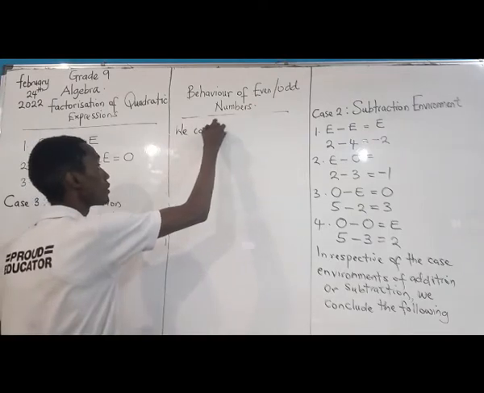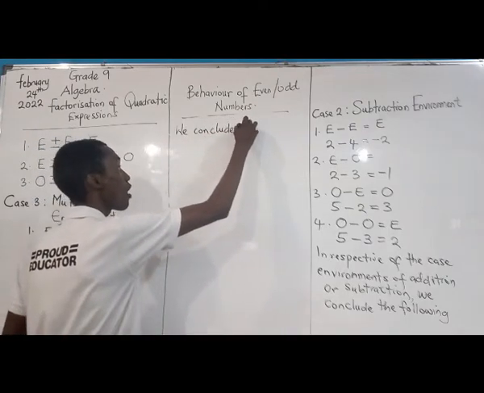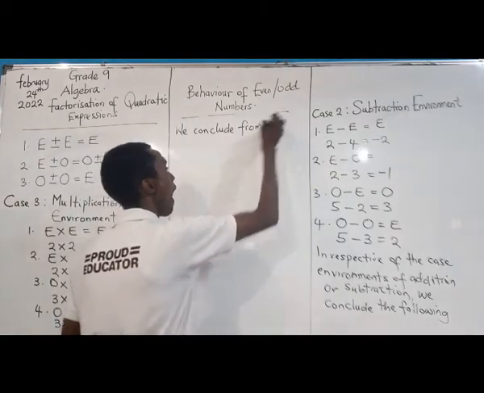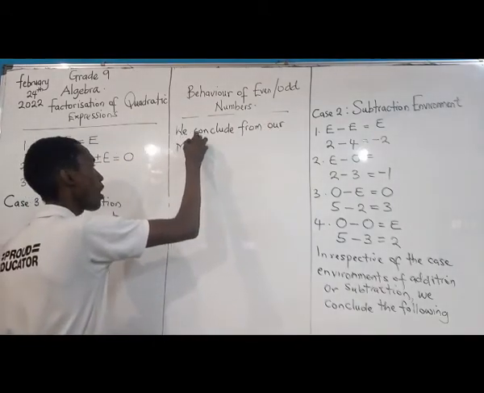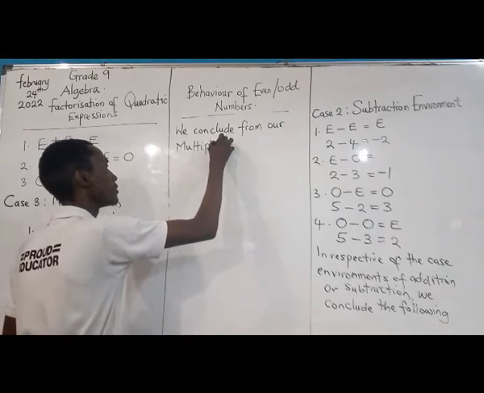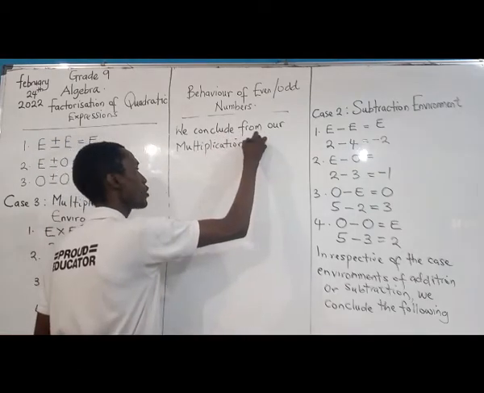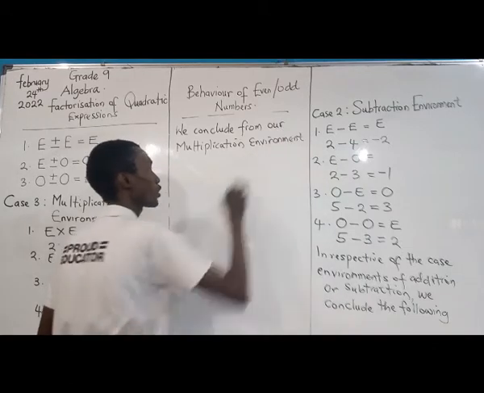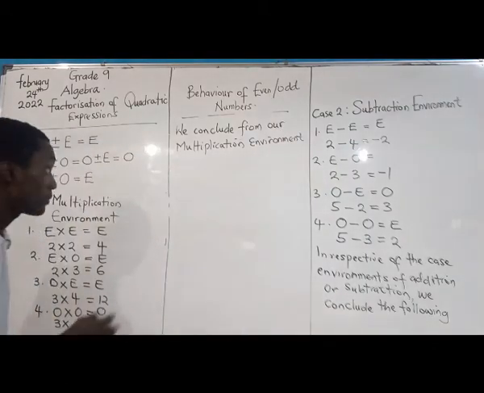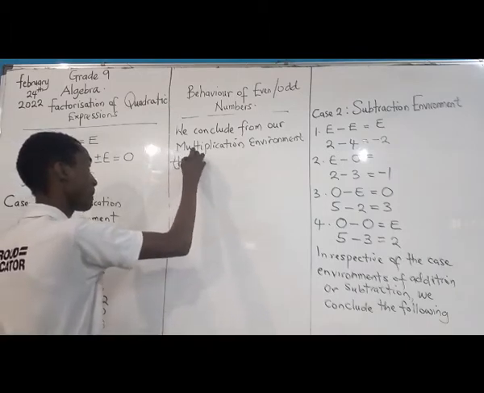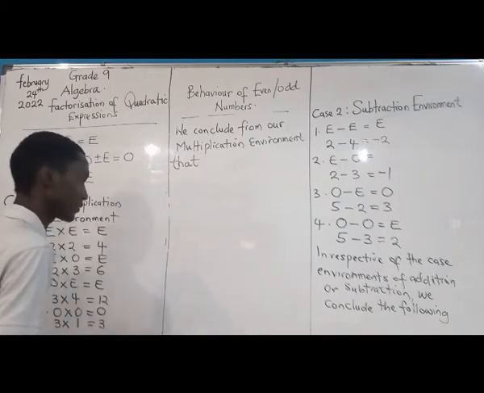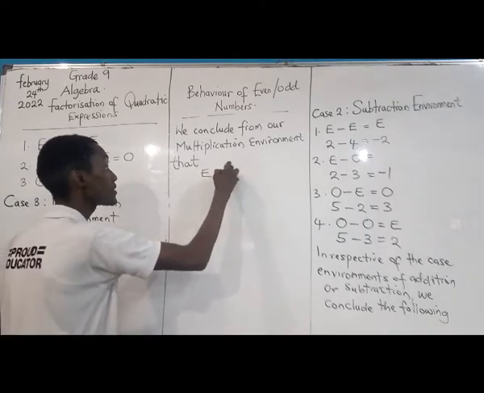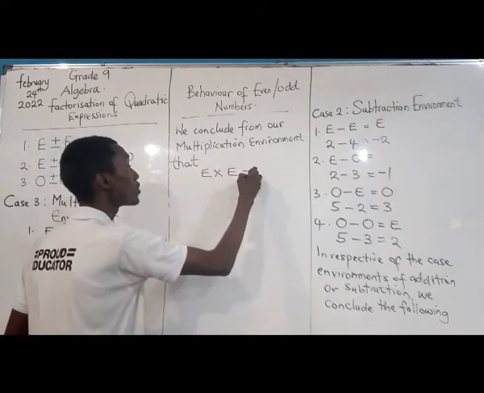So, what can we draw from this? We conclude from our multiplication environment that what? That even times even is equal to what?